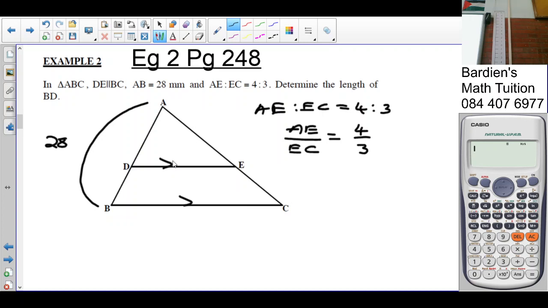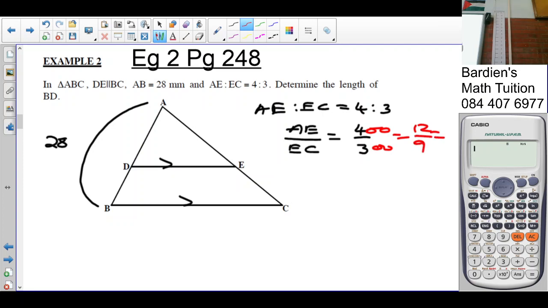Not so. Now does that mean to say that AE is 4 centimeters and EC is 3 centimeters? It could be, but it's not necessarily the case. This could have been 400 over 300, not so? It could have been 12 over 9.